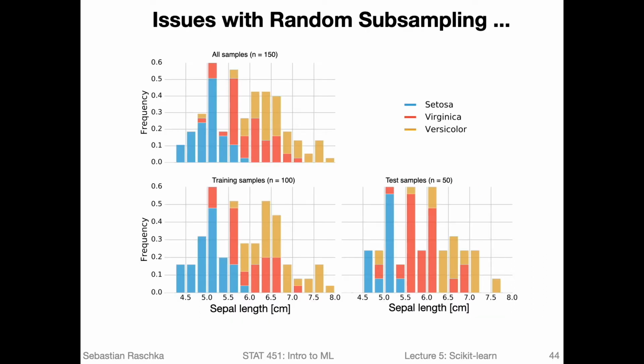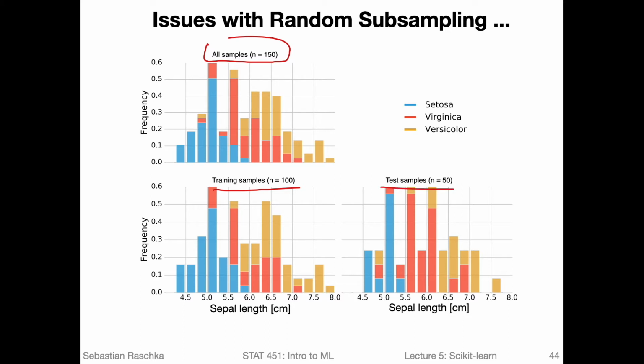But before we talk more about it, let me briefly highlight the issues with random subsampling. With random subsampling here, I mean dividing a dataset into two subsets. So consider the example where I have 150 iris flowers and I'm dividing it into a training set of 100 flowers and a test set of 50 flowers.